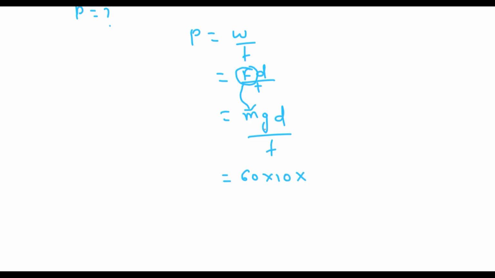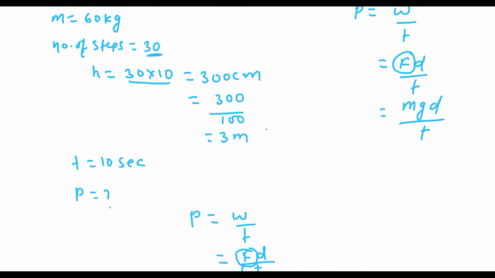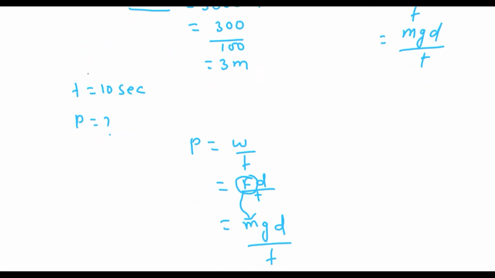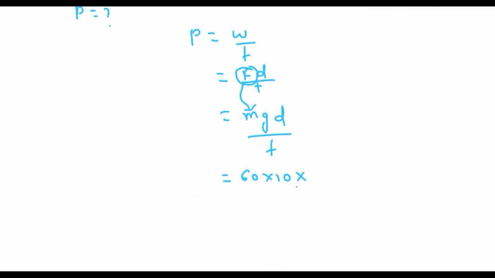We know that g means acceleration due to gravity, and the value of g is 10. And what is d? D means distance or height. Yes, same thing, distance or height is same thing. And the value of d is 3 meter. So d becomes 3, and time is given 10 second. So 10 cancel, 6 3s are 18, 0. And this is the required power, and we know that the unit of the power is watt.